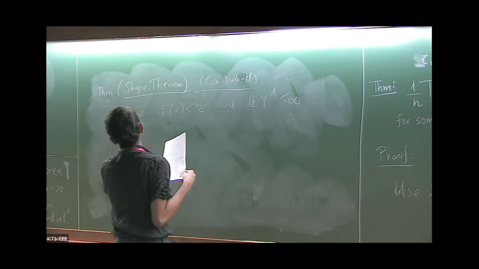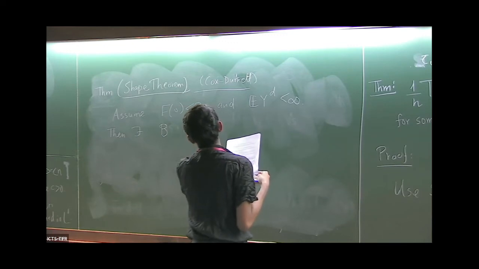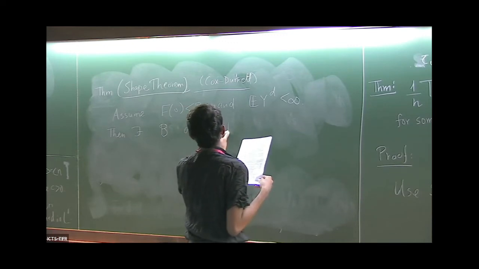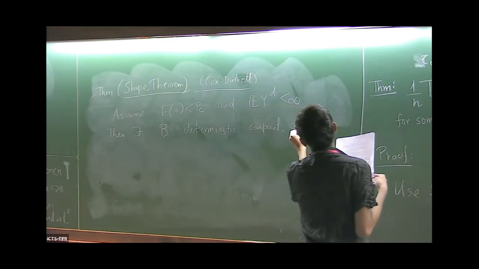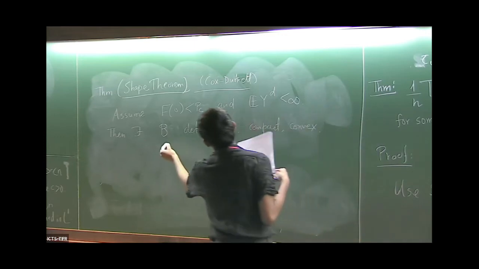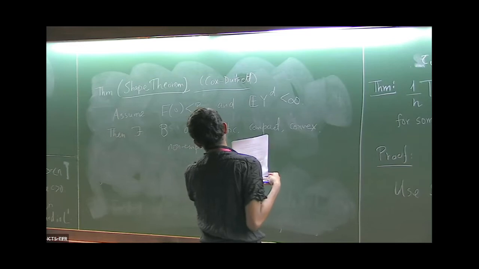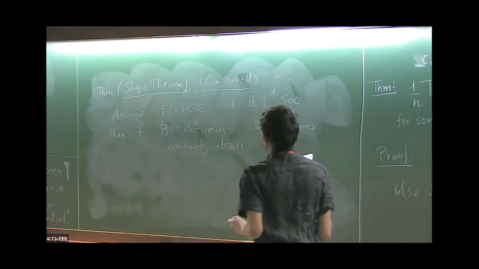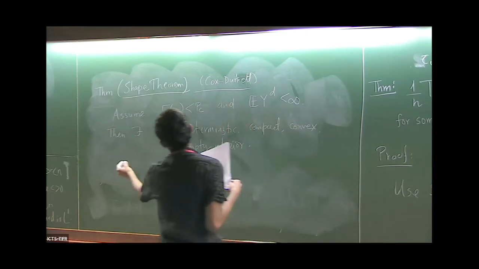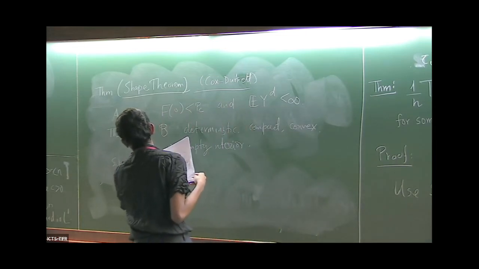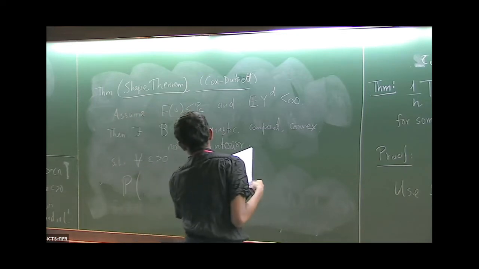Then there exists a deterministic compact convex set B with non-empty interior such that, for epsilon bigger than 0, the following holds.